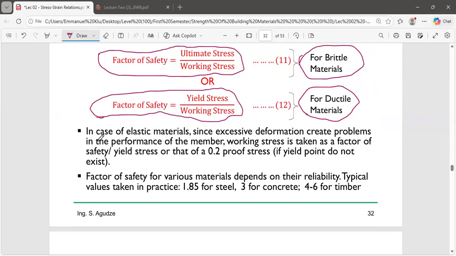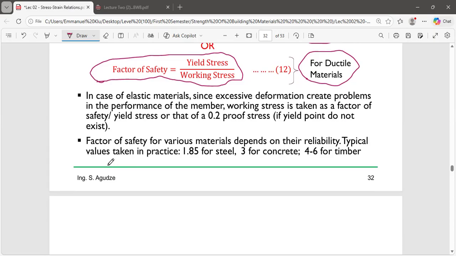In case of elastic material, since excessive deformation creates problems in the performance of the member, working stress is taken as yield stress divided by the factor of safety, or that of the 0.2% proof stress if yield points do not exist.